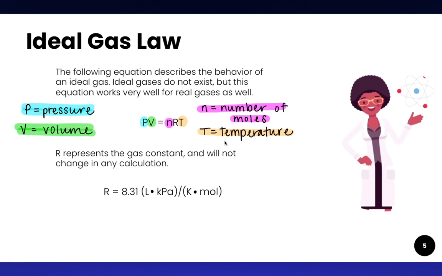So the value is equal to 8.31, and it's going to be involved in every single ideal gas law calculation you do. The units actually give you a lot of information here, so let's color them. So these values in the constant tell you which values you need to use for all of the variables.